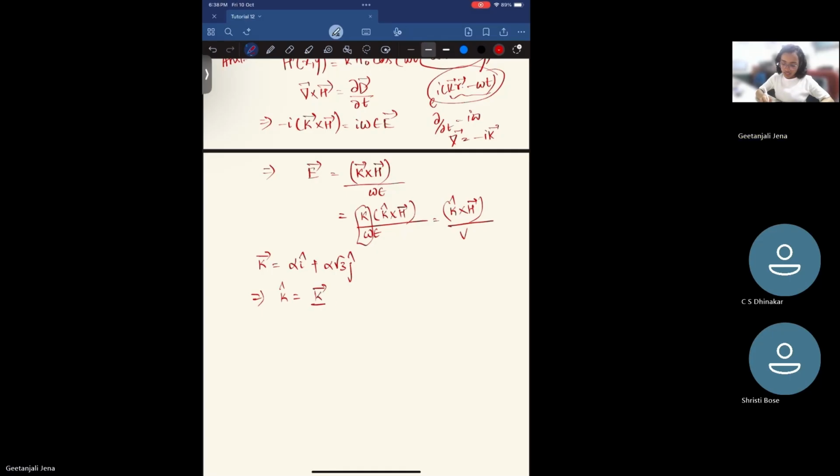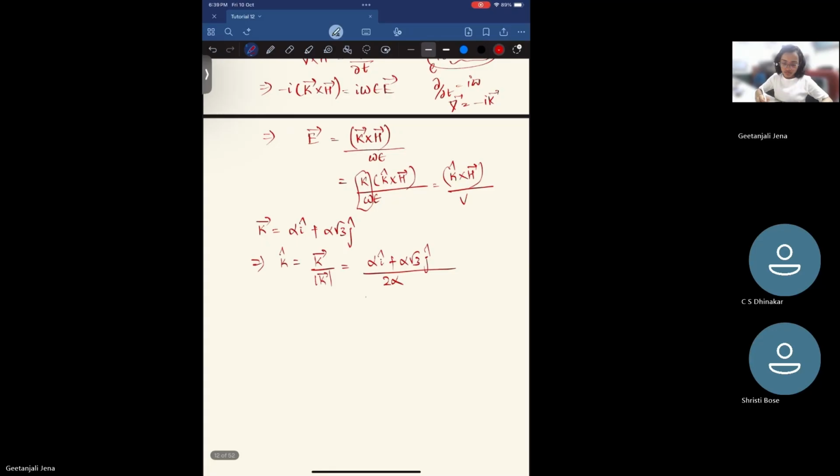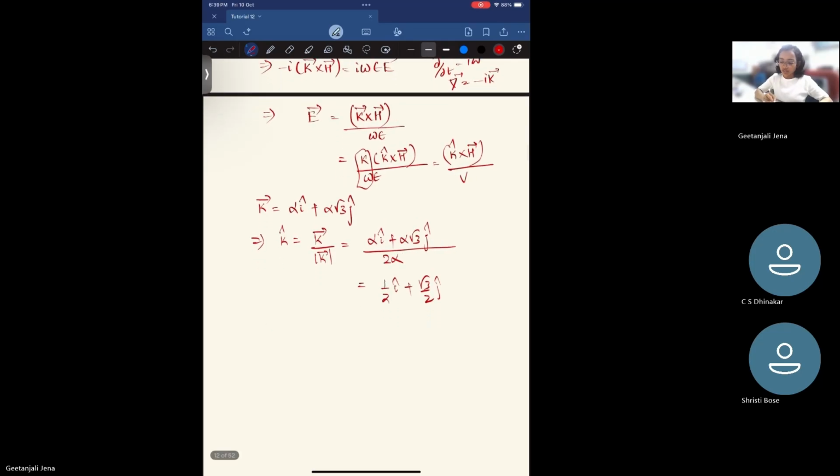So that means k hat is k by mod k. Mod k will give 2 alpha, right? So this is k hat.